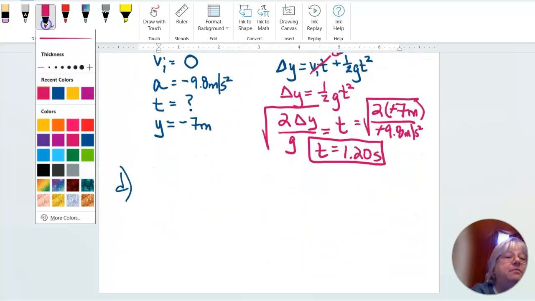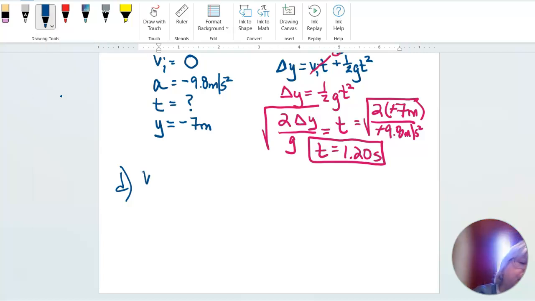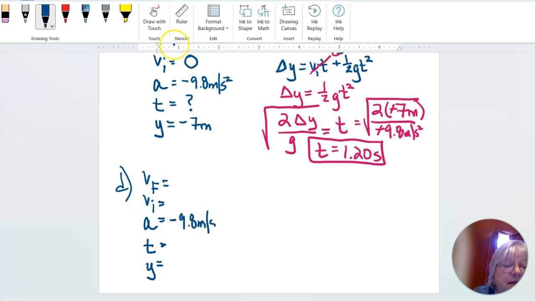So let's make up another list, a list for Romeo. VF, VI, A, T, and Y. I automatically know what my acceleration is because it's the acceleration due to gravity.